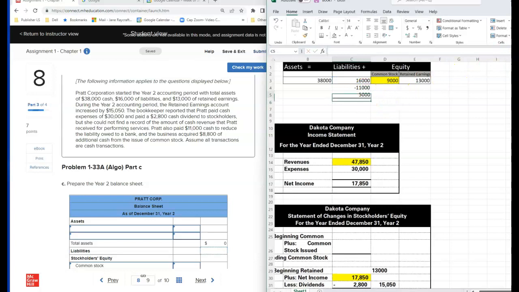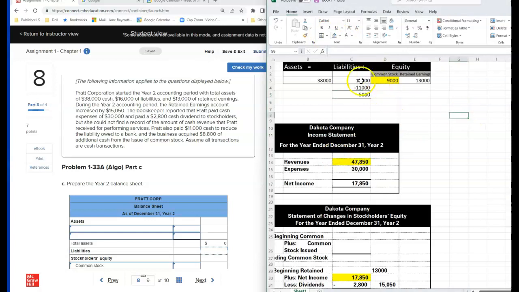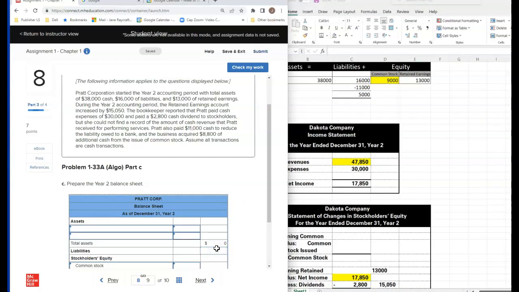So, oops, that's the total of those two amounts. So I'm going to fill in that liability amount, $5,000.